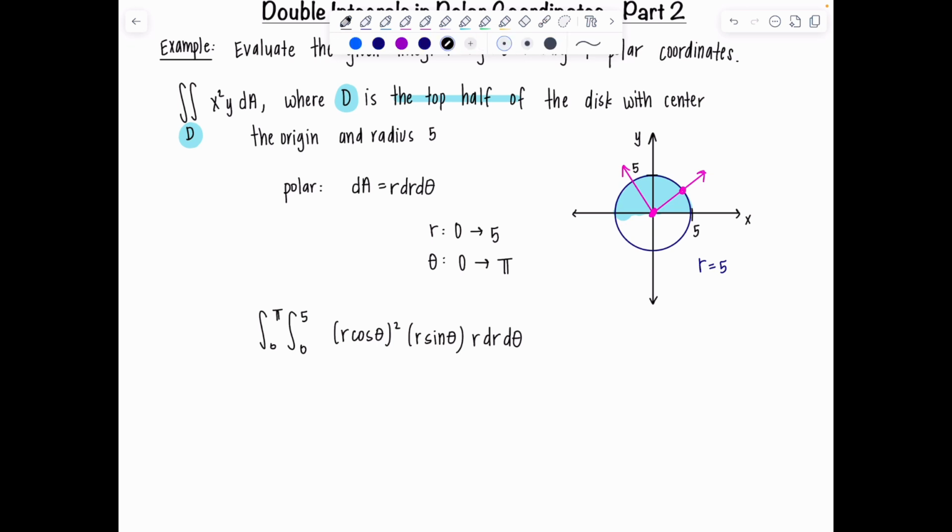Well, I can break up all the thetas and the r's basically, and then be back in like Calc 1. Do a relaxing little integral. So 0 to pi are the limits for theta, right? So I can say 0 to pi times integral right here, cosine squared theta, sine theta, d theta. Evaluate that guy by itself. And then I can do another integral from 0 to 5.